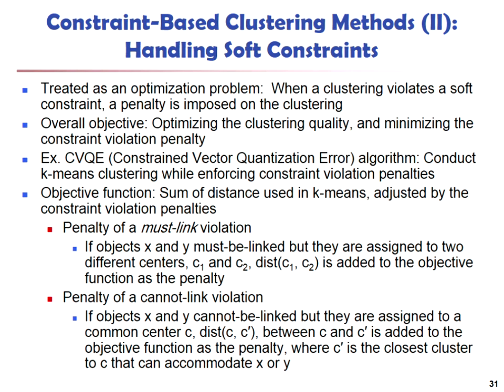A second example, the penalty of a cannot link violation. Here, if the objects x and y cannot be linked, but they are assigned to a common center C, we will calculate the distance between C and C prime, and this distance will be added to the objective function as the penalty.